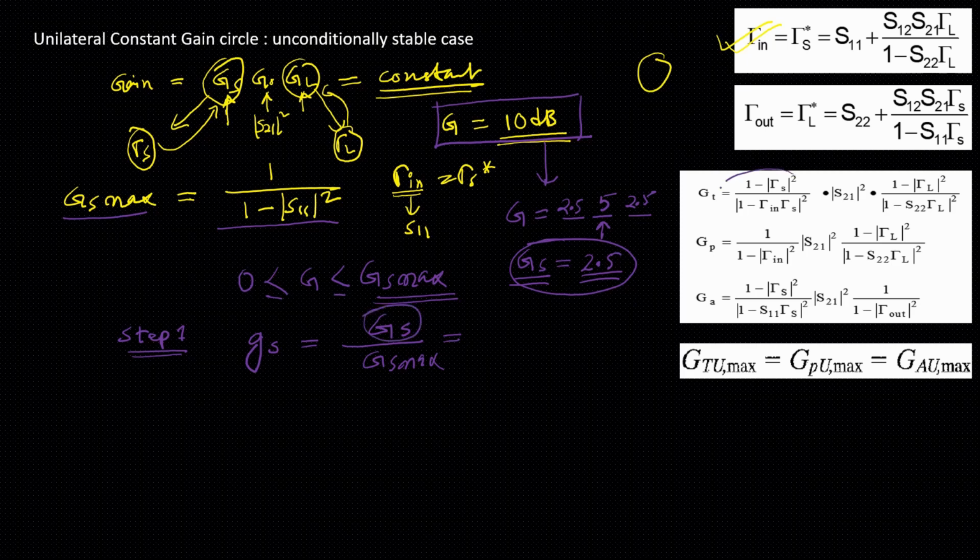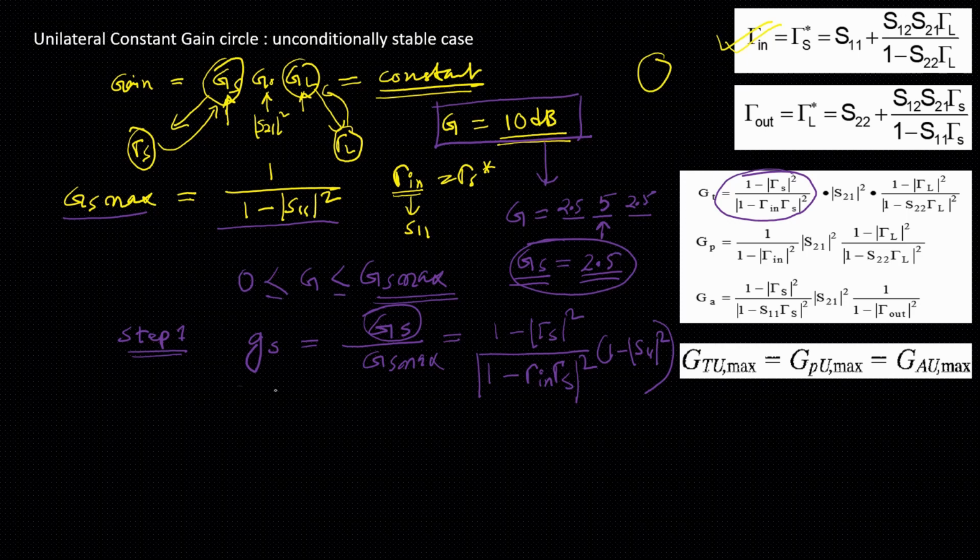GS, I know from here, is (1 minus |gamma S| whole square) by (1 minus gamma in gamma S mod) whole square, and GS max is 1 by (1 minus |S11| whole square). So this is your step 1.